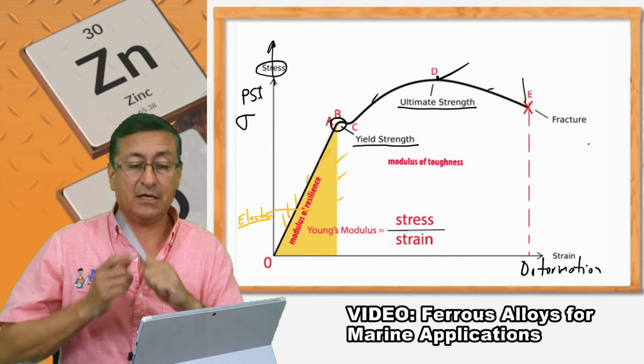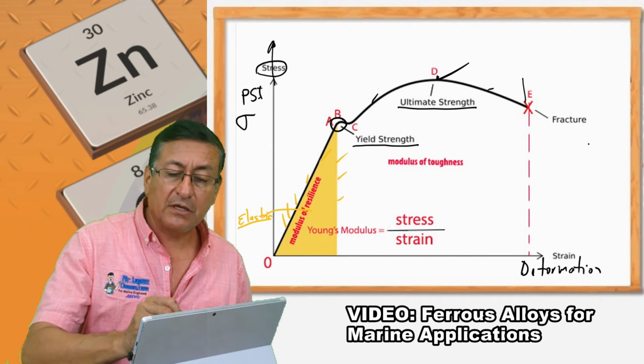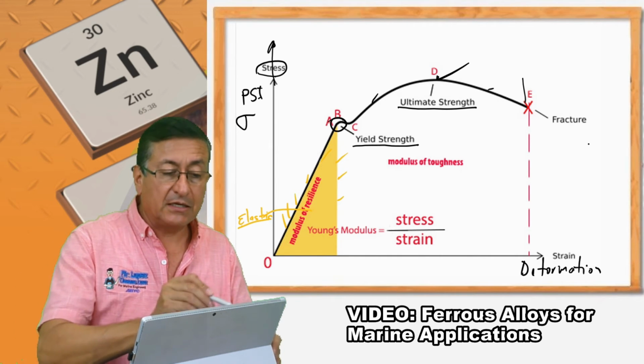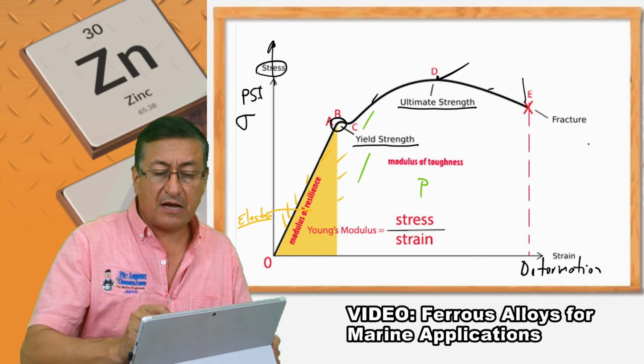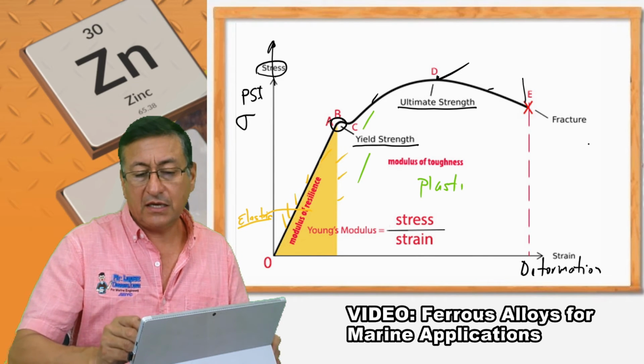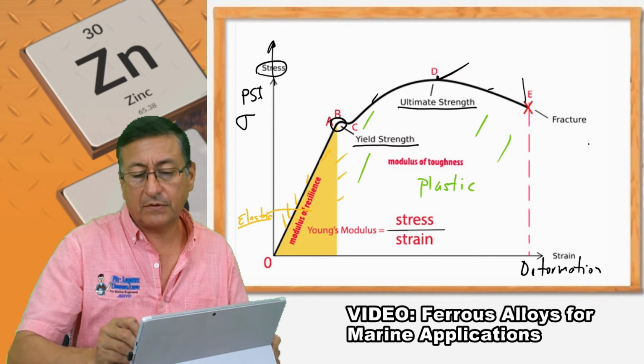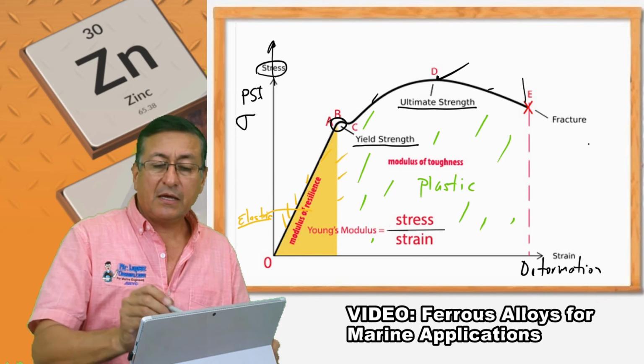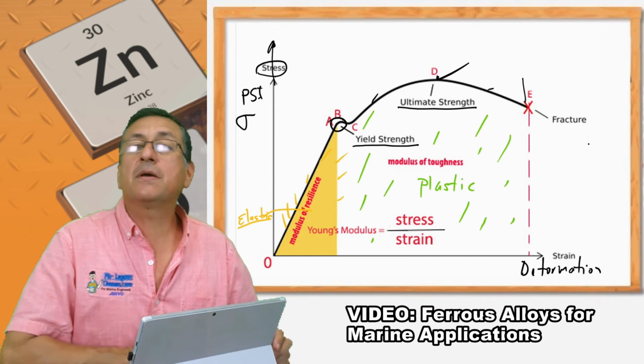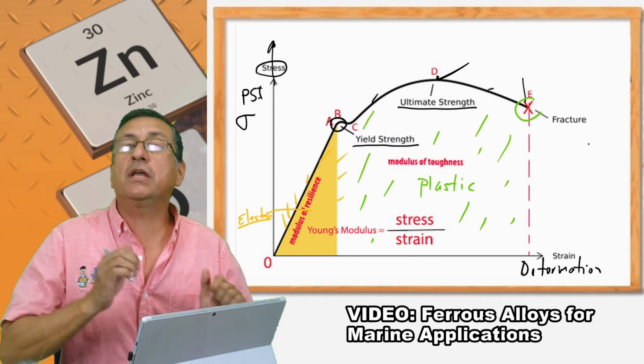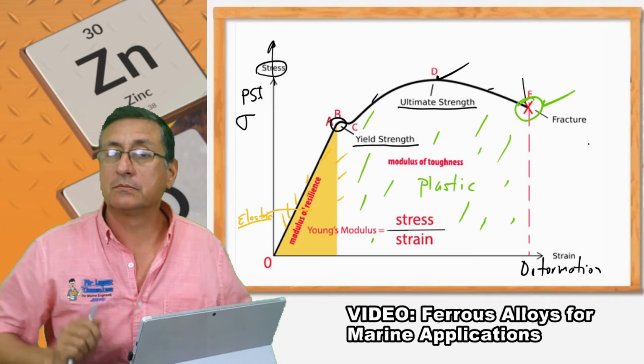It's elastic. After this point, the deformation is plastic. The deformation after that here is a plastic deformation. In this point is the break point. It's the point when the metal is fractured.